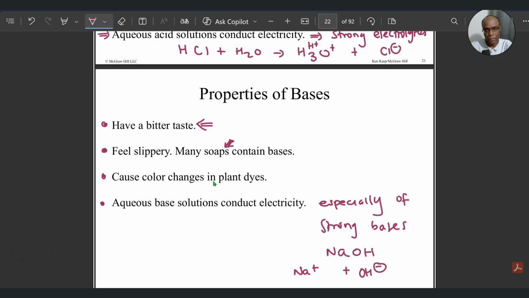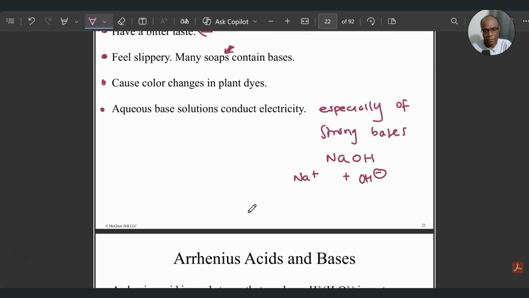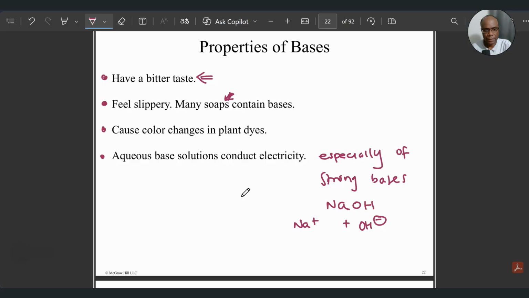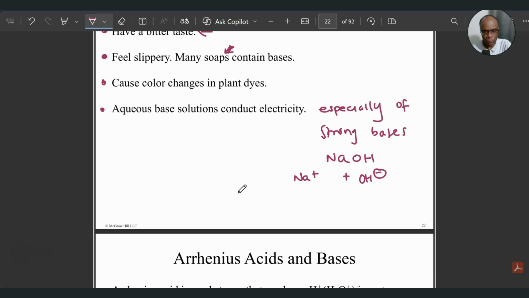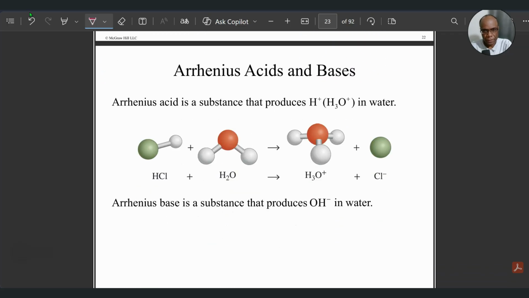Okay? And we said strong electrolytes are those that are formed from ionic compounds that completely dissolve in a solvent like water.